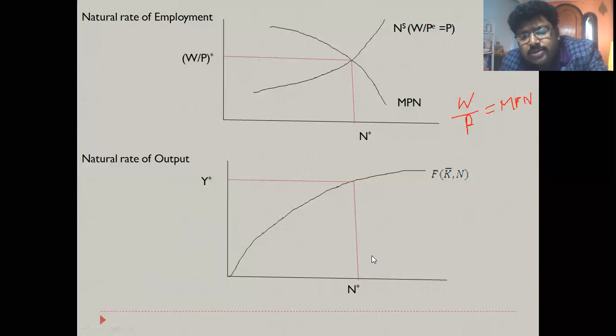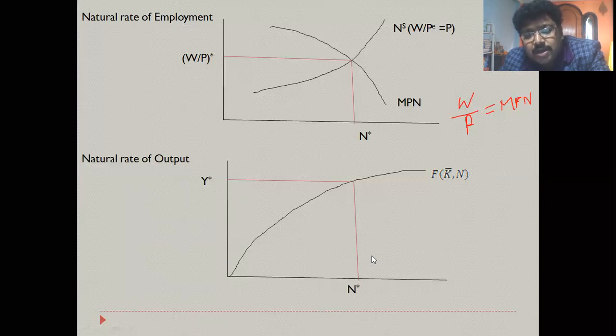So you can say there is an increase in the demand for labor in the labor market. There is also an increase in the supply of labor, because the labor suppliers are finding a higher nominal wage, and now they are eager to supply more labor.